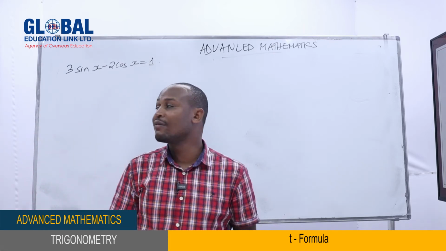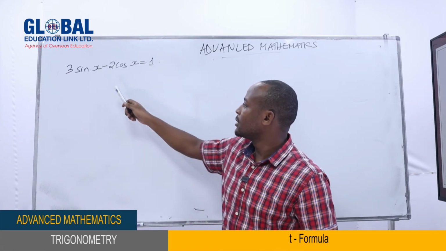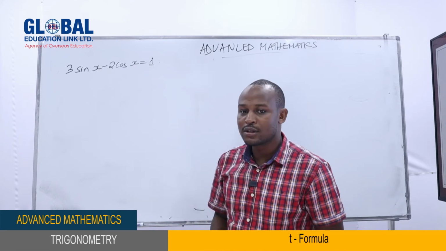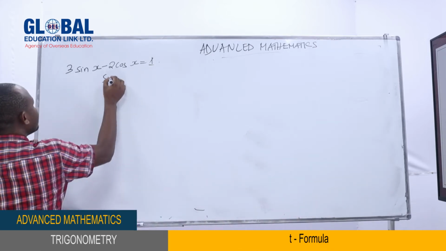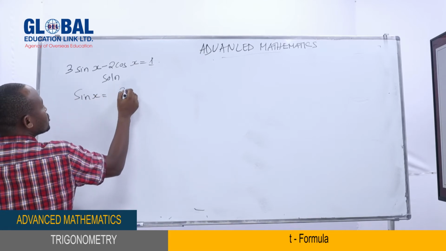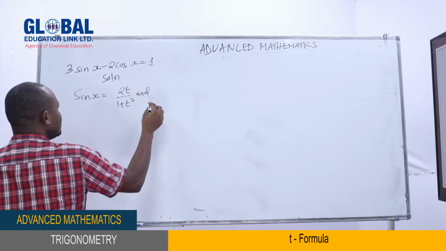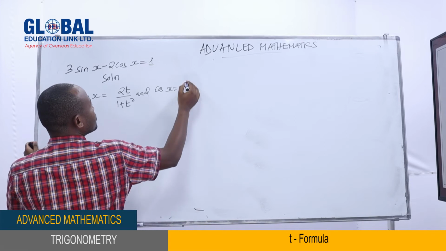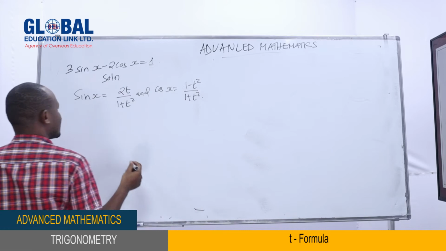That means we are supposed to use the t formula for sine x and cos x, as we discussed earlier, to find the general solution. Now let's go on. Now solution, we know that sine of x equals 2t over 1 plus t square, and cos of x equals 1 minus t square over 1 plus t square.